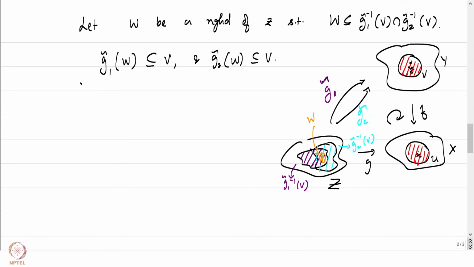Then, because of the very construction, what we have is that if you look at G1 tilde restricted to W composed with F, that's going to be equal to F restricted to V composed with G1 tilde of W, primarily because W is mapped by G1 tilde into capital V, and therefore we just need to focus on this.